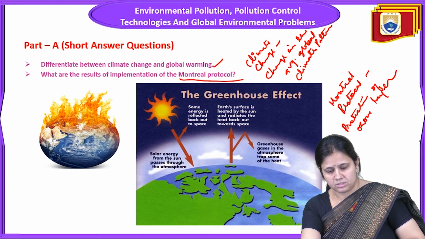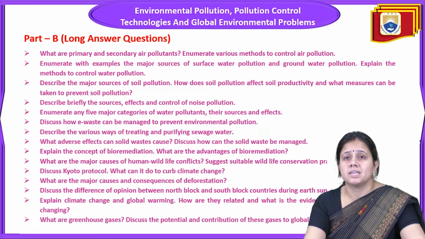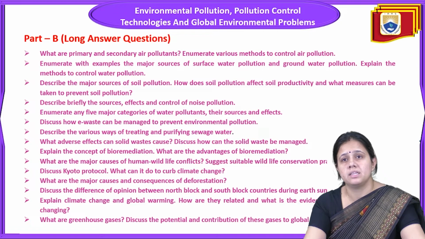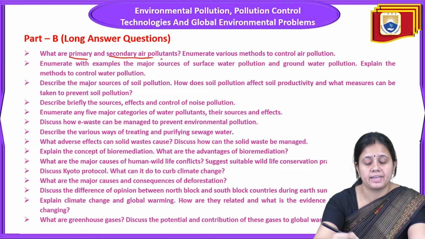Now comes the next question, again about primary and secondary air pollutants, and then enumerate various methods to control air pollution. First of all, primary and secondary air pollutants.